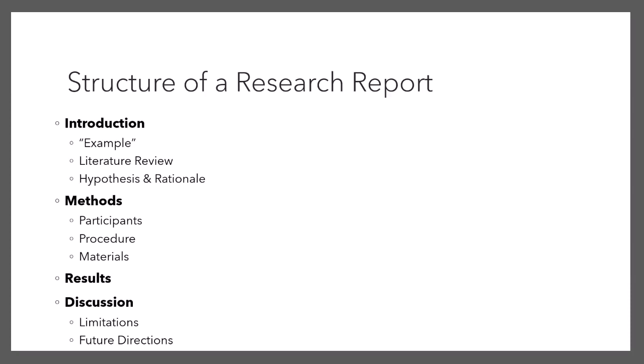And I say that because proposals are often submitted for grant applications, for master's or PhD theses or dissertations, etc. And if you actually get to do the research is contingent on whether the proposal is approved or not.